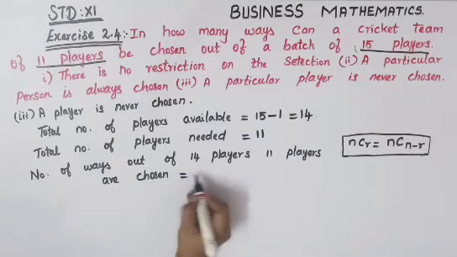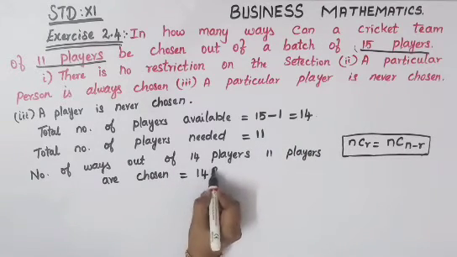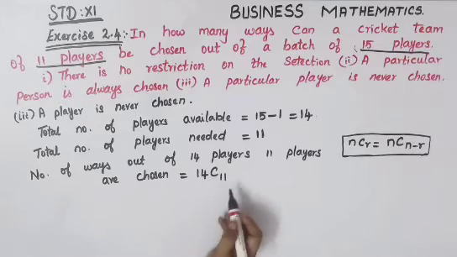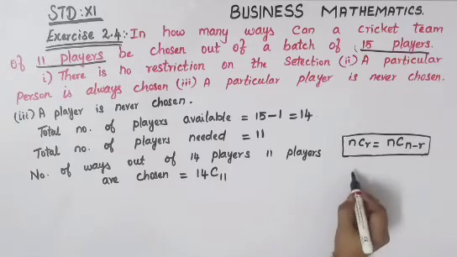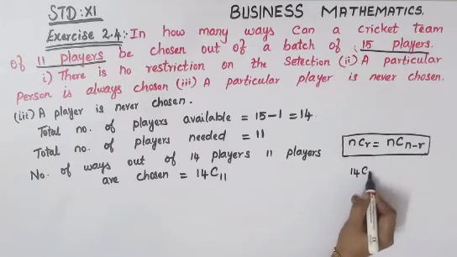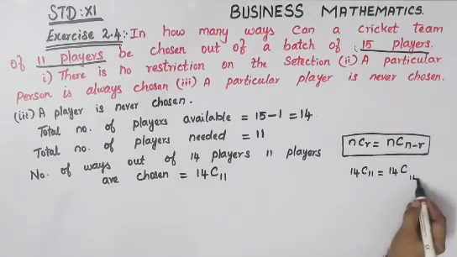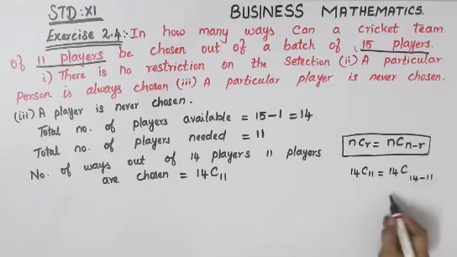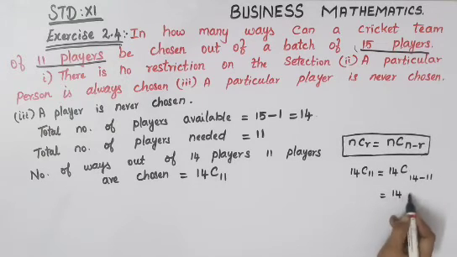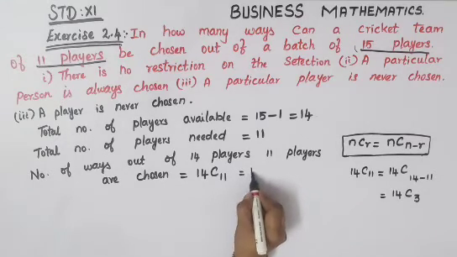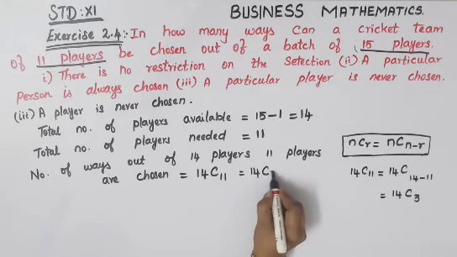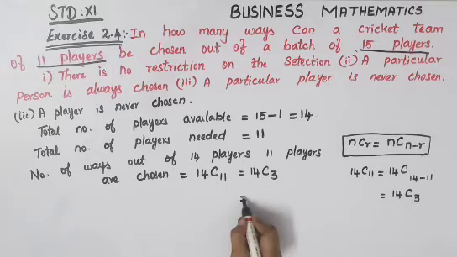So that is equal to 14C11. Again 11 is a big number, so convert it. So 14C11 is equal to 14C(14 minus 11), which is equal to 14C3. So this is equal to 14C3.